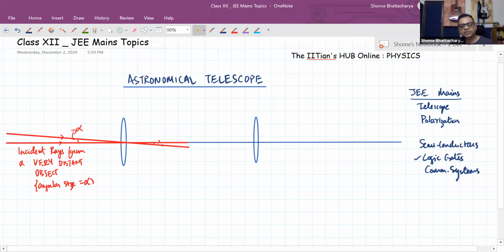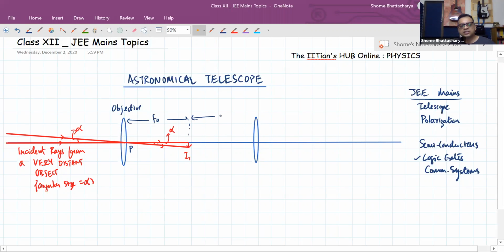So it produces an image on the objective lens's focal plane. It produces the first image I1 like this. That image is also of angular size alpha, from the point of view of the pole of the objective lens. With respect to the pole of the objective lens, this distance here will be the focal length of the objective lens.